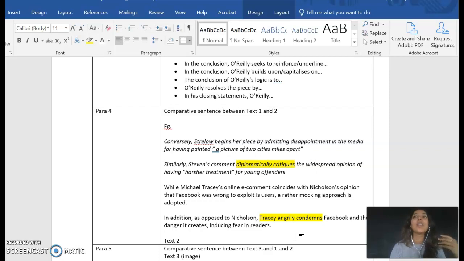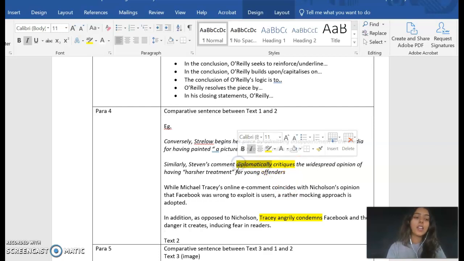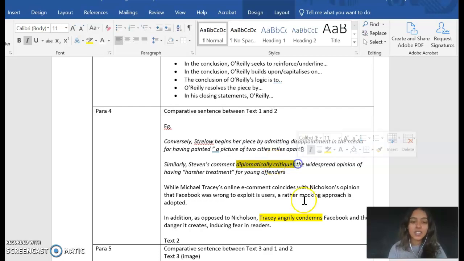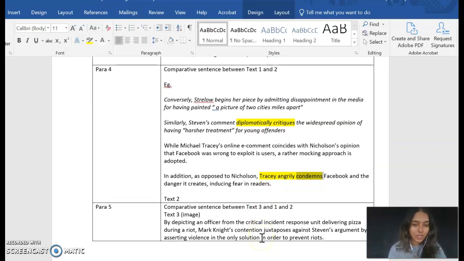If you're like, I don't know how I should keep discussing tone throughout my piece and saying she uses a diplomatic tone or an angry tone all the time, just change the tone word to an adverb and include it in your writing. I also wanted you guys to pay attention to the use of really interesting verbs. So Stephen critiques, Tracy condemns. That also gives us a clue as to how attacking or formal or informal a person might be.